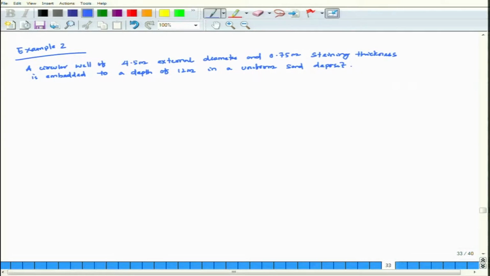The angle of shearing resistance of sand is given, phi is equal to 30 degree, gamma submerged is 1 ton per meter cube.